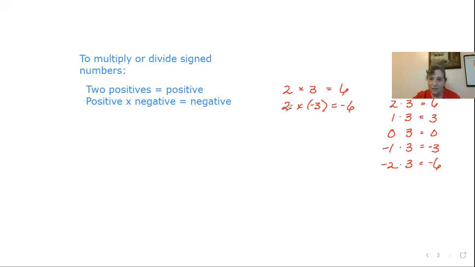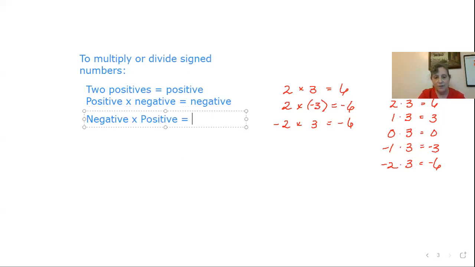So either a -2 times a +3 or a +2 times a -3, both are going to result in a -6. So we see that a negative times a positive will also be a negative. Multiplication is commutative, so it doesn't matter which order you're multiplying the numbers in.